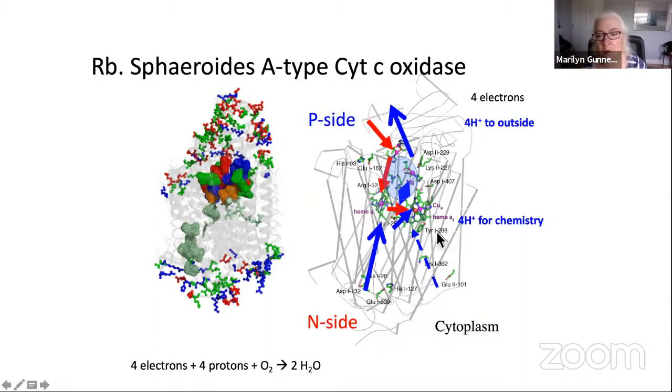What will happen here is that the electrons will come in from this side, and you'll essentially bring in 4 electrons. From this side, you'll bring in 8 protons from the bottom, from the low concentration side, the N side. 4 of them will do chemistry, and 4 of them will be pumped out. And so we want to figure out where the protons get stopped and where the gates are.